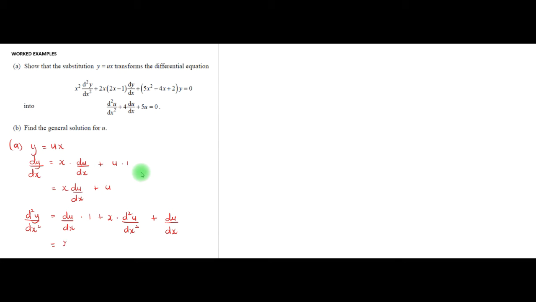That gives me x d squared u dx squared plus 2 du dx. Right, so we have all that we need to substitute out the y's.